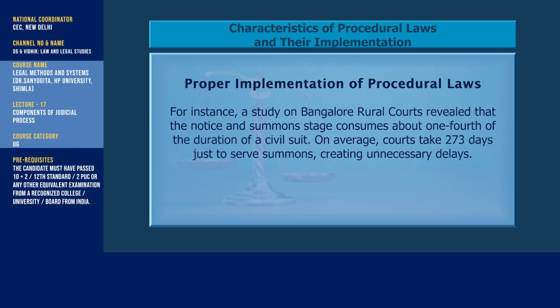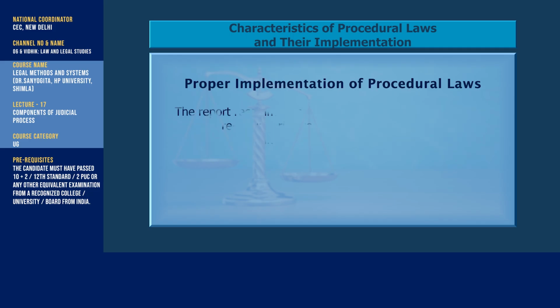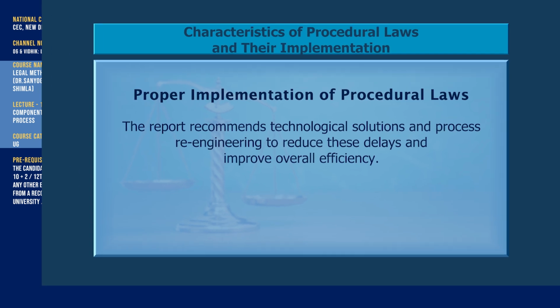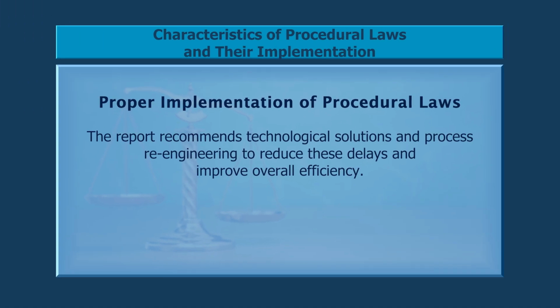On average, courts take 273 days just to serve summons, creating unnecessary delays. The report recommends technological solutions and process re-engineering to reduce these delays and improve overall efficiency.